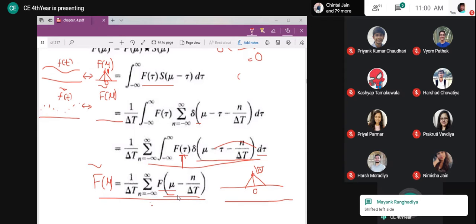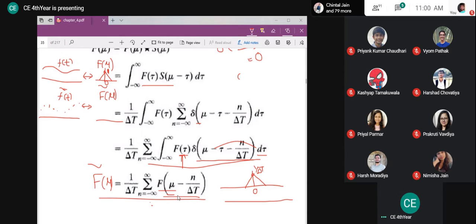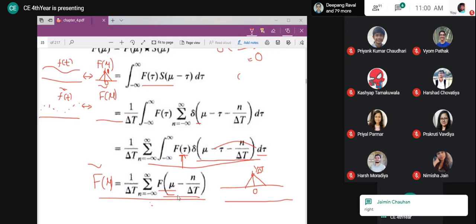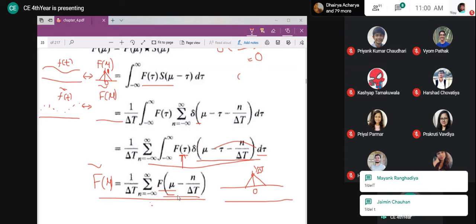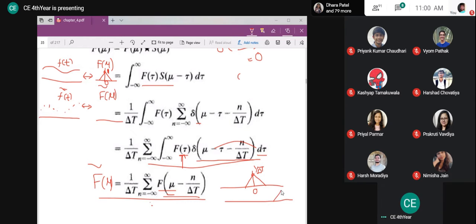Will it get shifted to the left side or right side? It is F of mu minus 1 by delta t, so it will get shifted to the right side. It will be centered at 1 by delta t. And the amplitude will be 1 by delta t. I hope you can understand the amplitude is also 1 by delta t.